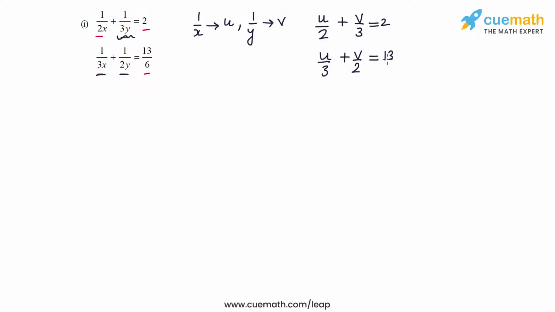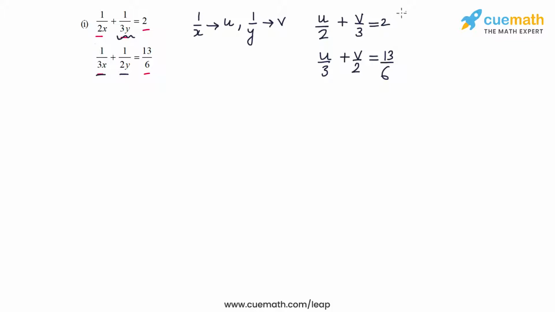But if we do the substitutions, 1 by x equal to u and 1 by y equal to v, then these equations change to u by 2 plus v by 3 is equal to 2, and the second equation becomes u by 3 plus v by 2 is equal to 13 by 6.